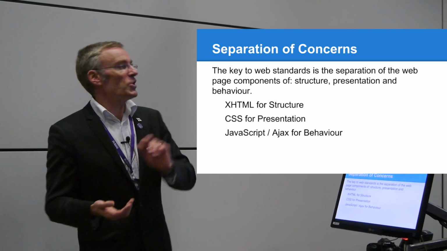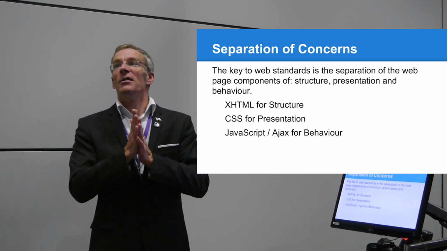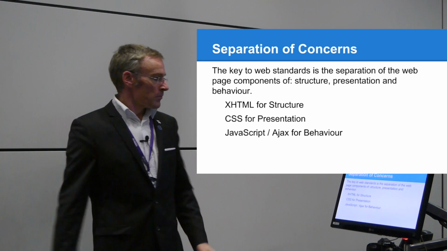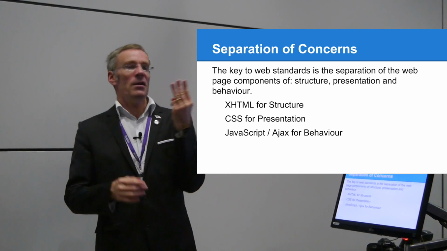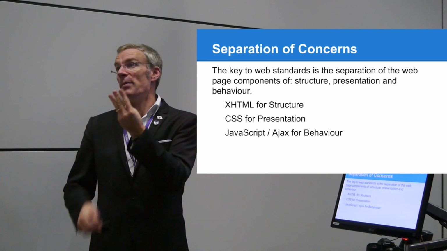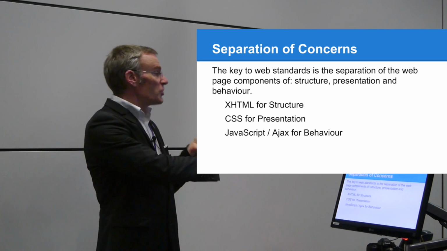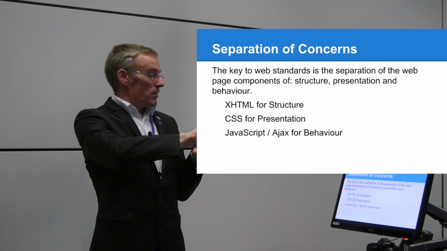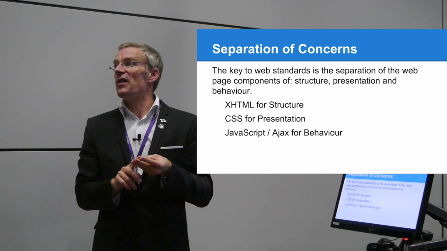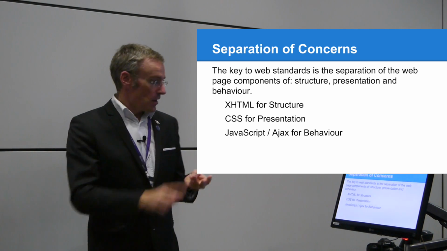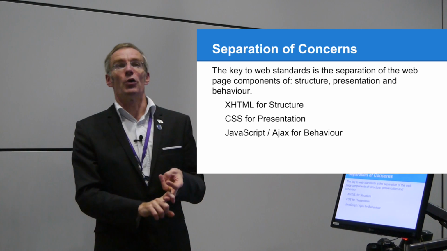So this is your separation of concerns. This is the key slide for this particular topic. There are 3 components of your web page. The first component is structure. That's your XHTML, your HTML5, that's your HTML tags. The second is presentation, how it looks.